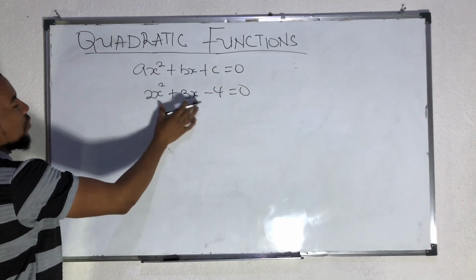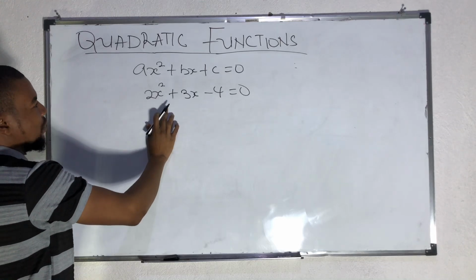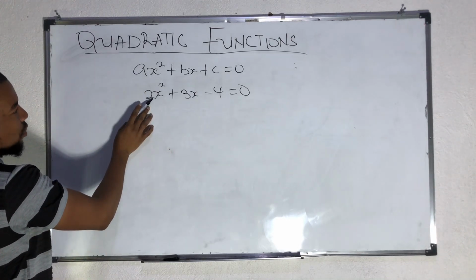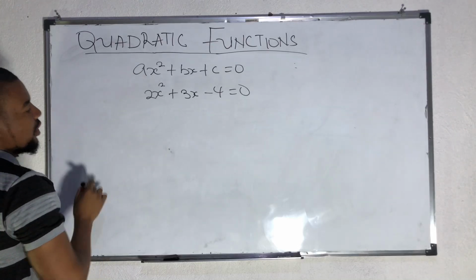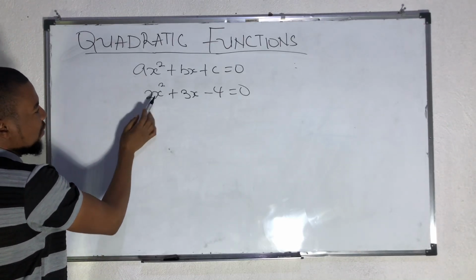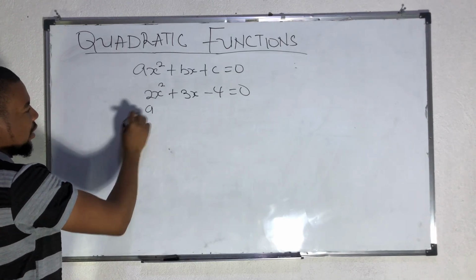This equation can be compared to the general form. If you compare them, you will discover that your A for this is equal to 2. So this right here is your A.